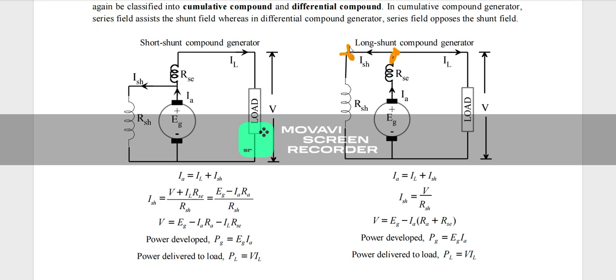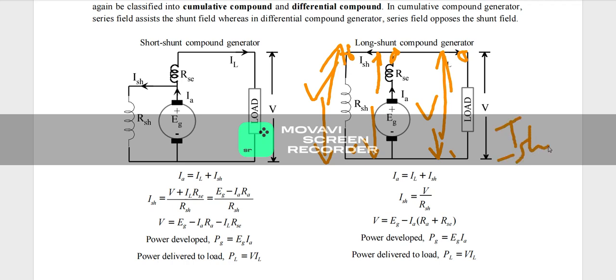As I already told, since all are connected in parallel, this voltage will be equal to this voltage, will be equal to this voltage. All parallel, right? So we can write the equation for ISH as the voltage divided by the particular resistance, that is RSH. So ISH is equal to V by RSH.